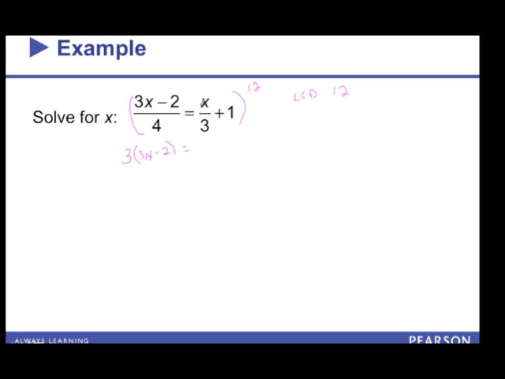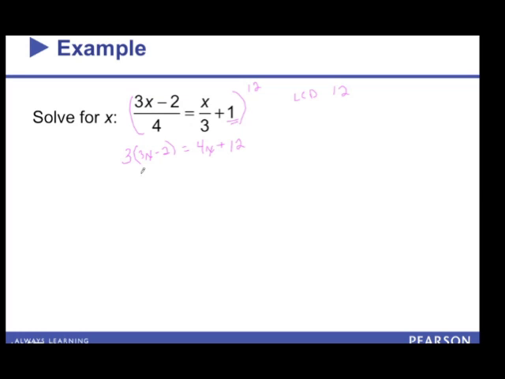For the second fraction, 3 into 12 is 4, so I take 4 times that numerator. And don't forget, for any constant terms, I also have to take 12 times that term.